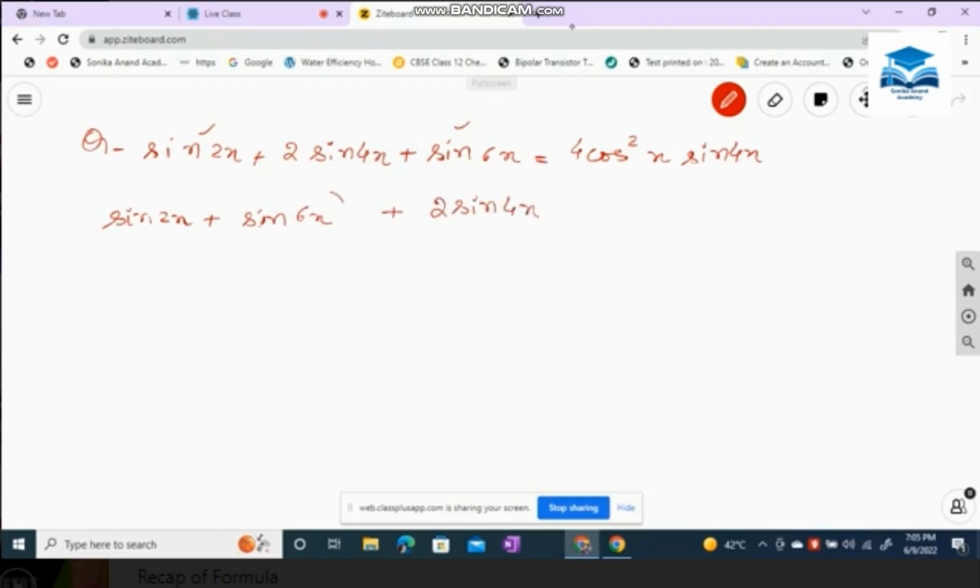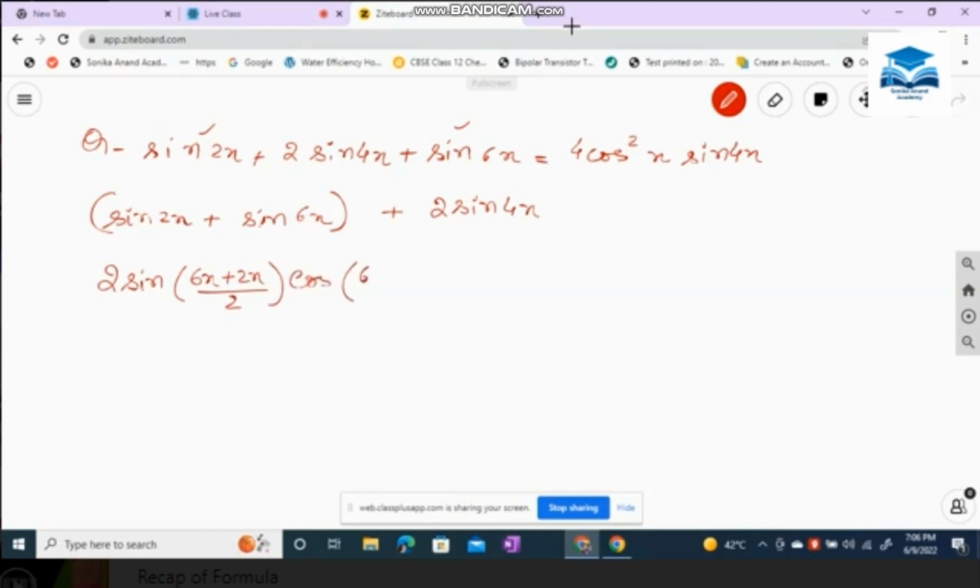Now when we make the group of these two, it becomes sin A plus sin B. And the formula we use over here, 2 sin (A plus B) by 2. That means (6x plus 2x) by 2, and cos of (A minus B) by 2.